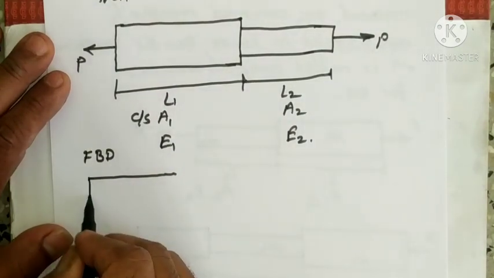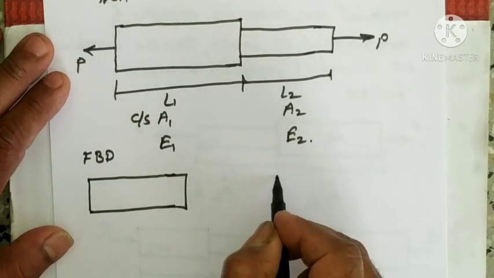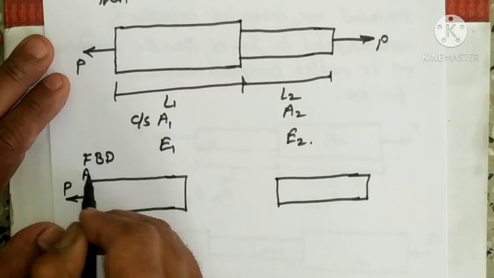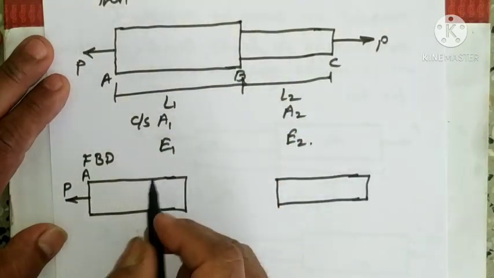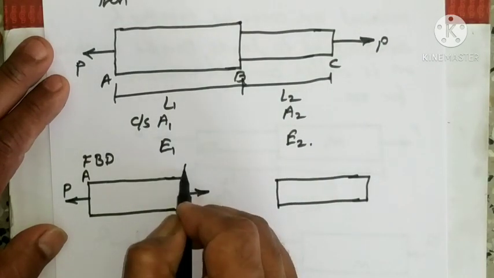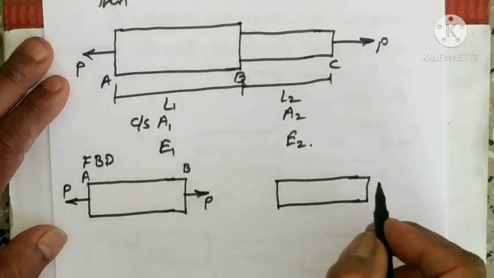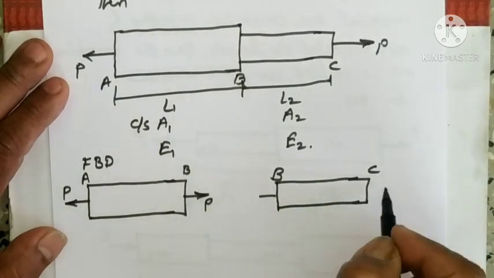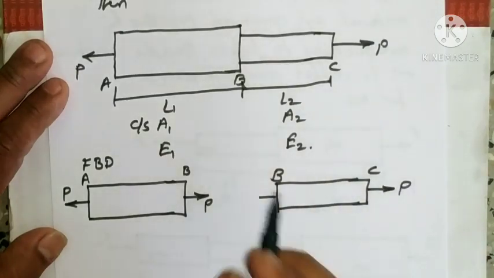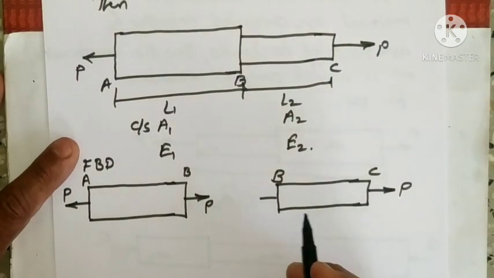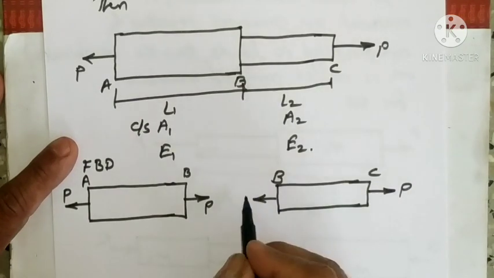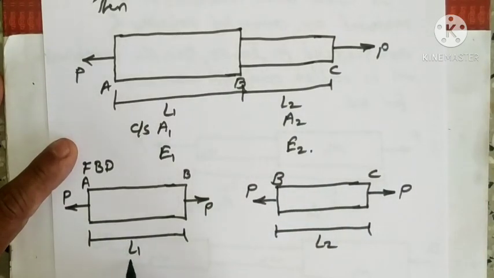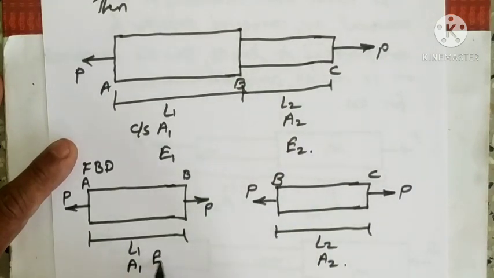FBD, free body diagram for material 1 and material 2, and apply tensile force on the surface A. According to Newton's third law, surface B is also equal and opposite force P. Similarly, for the member BC, on the surface C there is force P. According to Newton's third law, on the surface B equal and opposite force P. Then length L1, L2, cross sectional area A1, A2, Young modulus E1, E2.